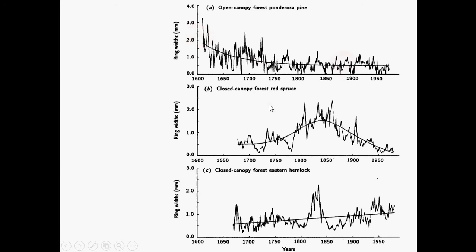Here we have a tree in a closed canopy forest, and we see a growth release, and then we see that age-related trend kicking in. Maybe the tree is growing under a canopy, and then a neighboring tree dies, so it has a release and those rings get wider, but then as the tree gets older we have that trend. And sometimes it's more of a straight line function.